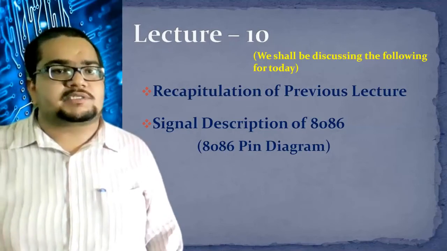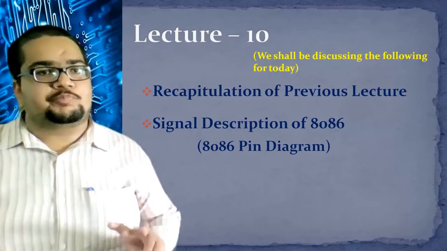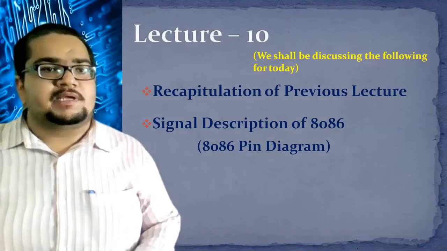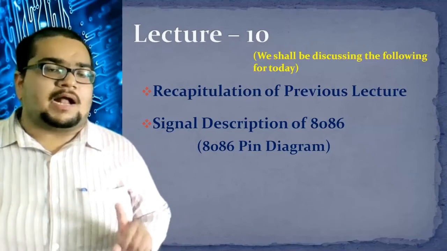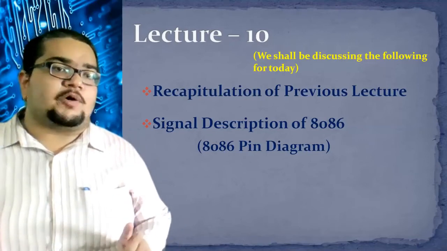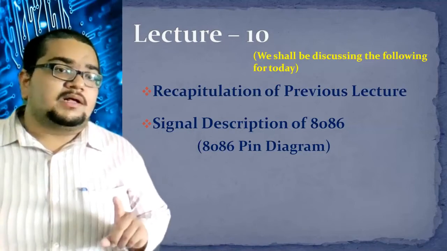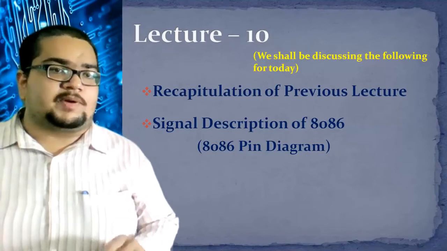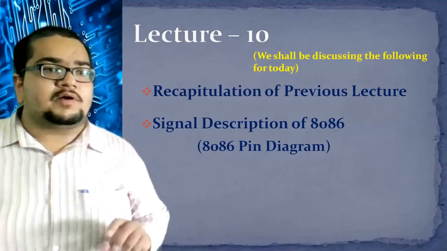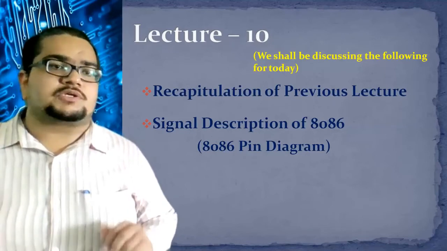Either a 16-bit operation with both bytes from both banks, one from each, or an 8-bit operation. The 8-bit operation can again be of 2 types. Operation of data means transaction of data: from the even bank into the processor, from the processor to the even bank, or from the odd bank into the processor or from the processor to the odd bank.